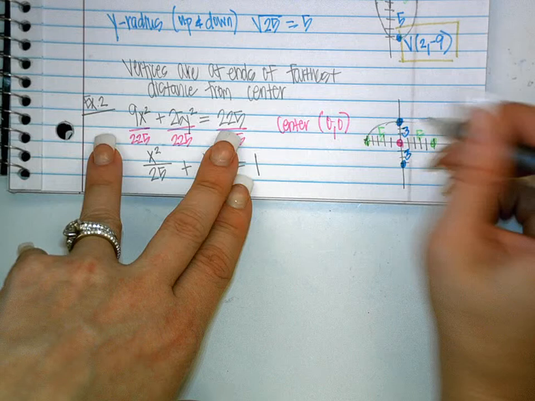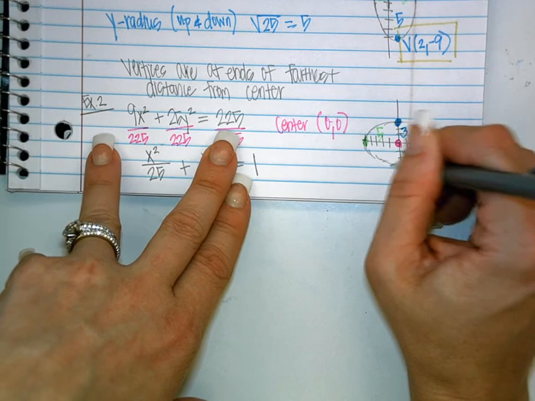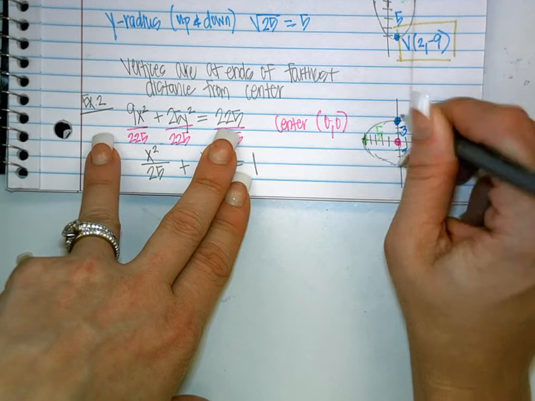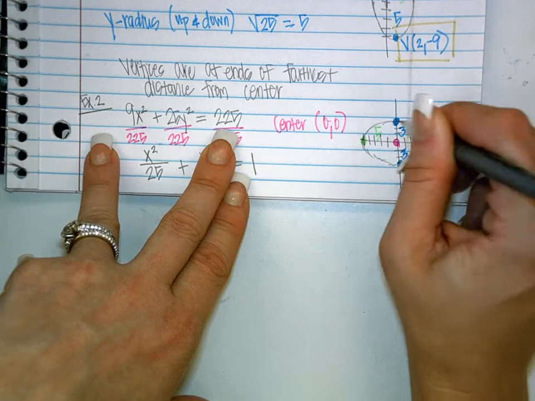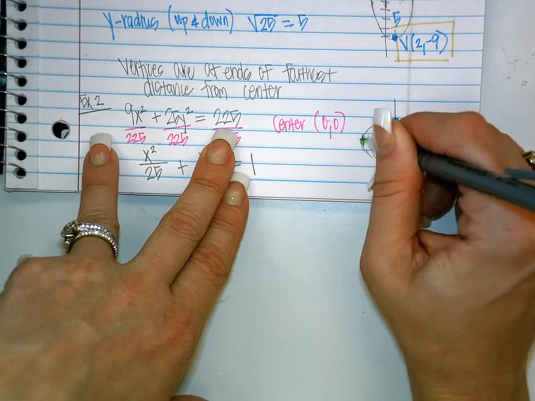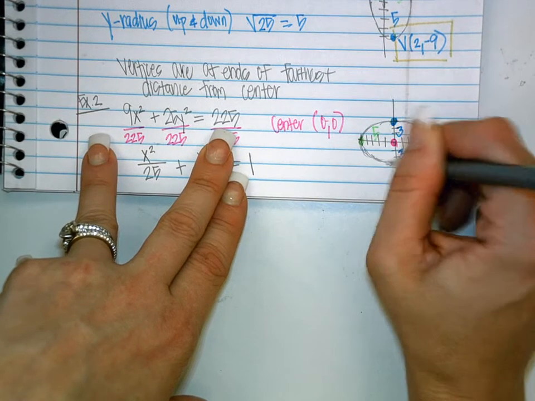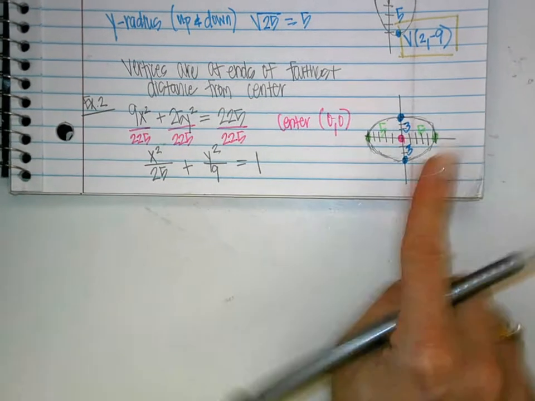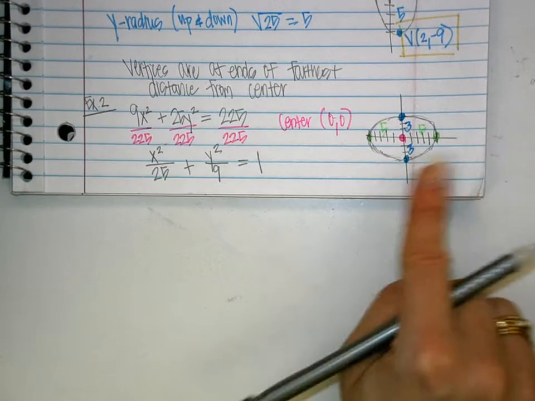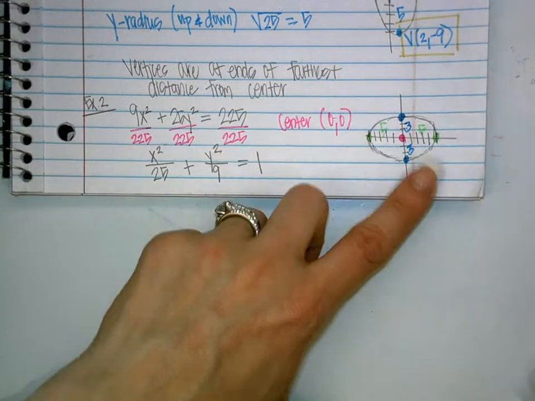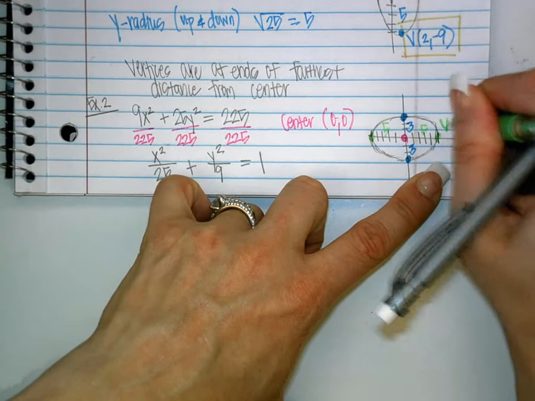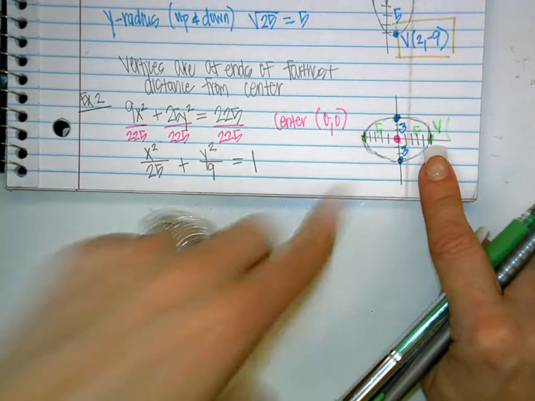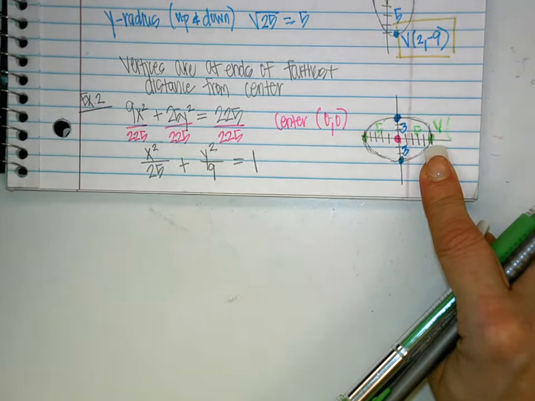So would your vertices here be side to side or up and down? There's the side to sides. Okay, so you really can't tell based on just the equation. You have to look at it and figure out which ones are farther away. So what are these vertices if you label them? Is this 0, 5 or 5, 0? 5, 0.